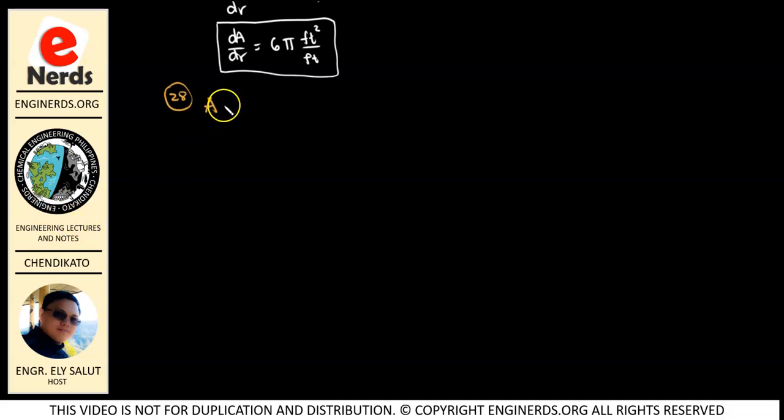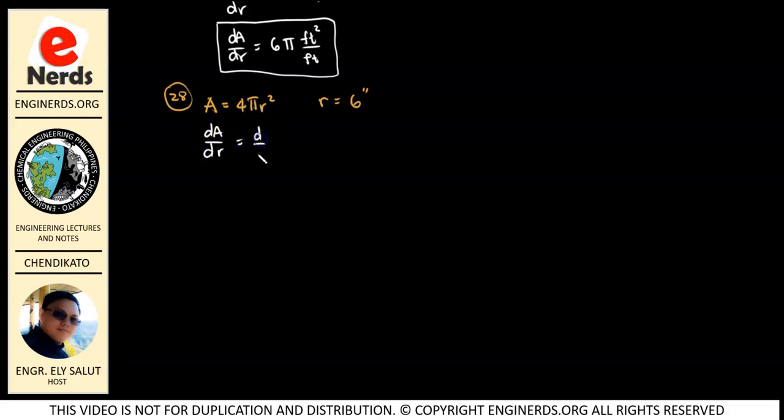So, ang area ng sphere is equal to 4 pi r squared. So, the area is changing as the radius is changing. But then, our radius is equal to 6 inches. No? So, again, kunin natin yung derivative ng area with respect to the radius.